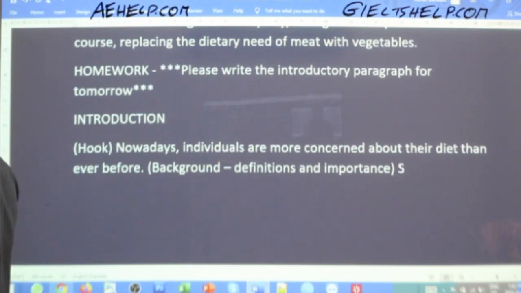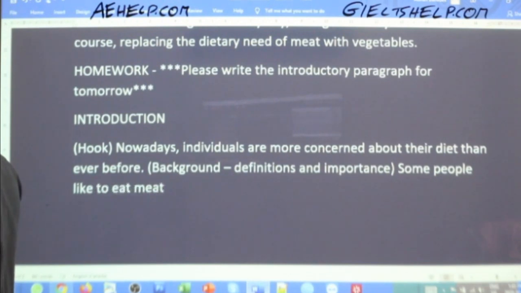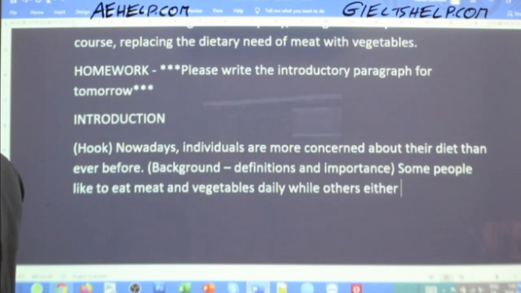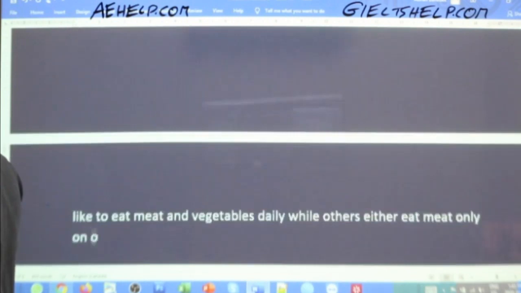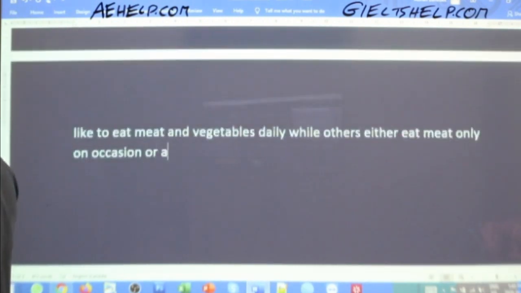So some people like to eat meat and vegetables daily, while others either eat meat only on occasion or are completely vegetarian.